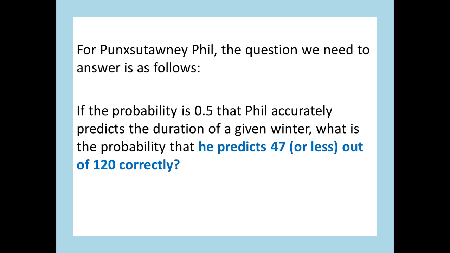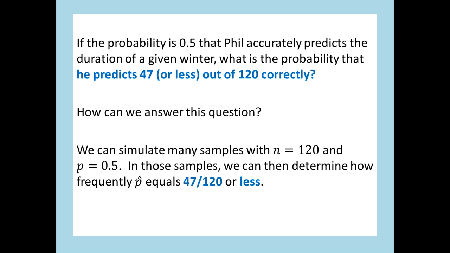That we're getting 47 out of 120 as a sample proportion, or something even more extreme, where more extreme essentially means farther away from 0.5. What we can do is simulate many samples with the same sample size of 120 and with that assumption of the null hypothesis that p = 0.5.